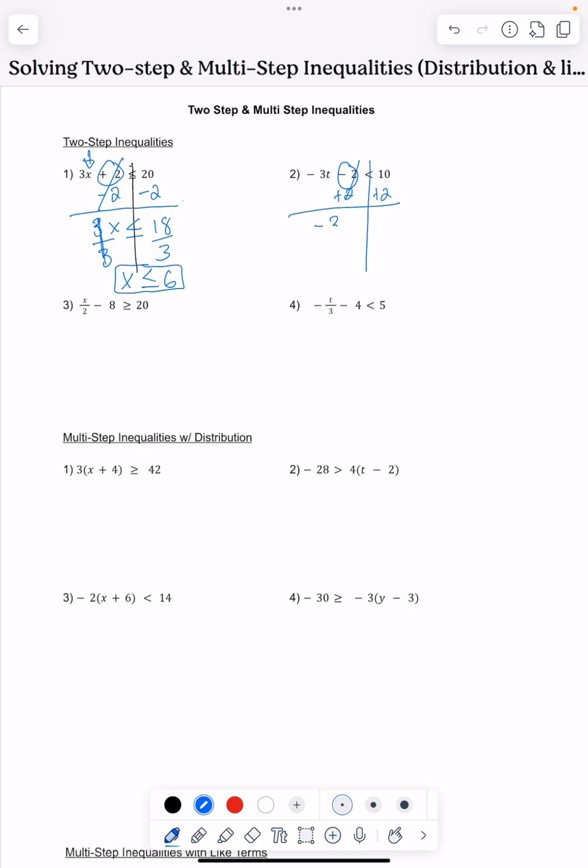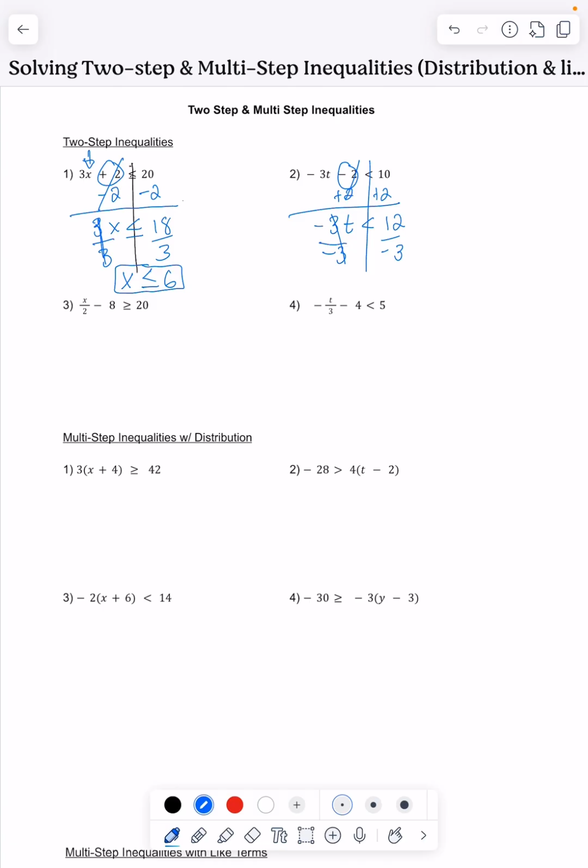We get negative 3t is less than 10 plus 2, which is 12. Here we divide by a negative 3 on both sides. So this is where it's going to be slightly different than linear equations. Here we're dividing by a negative 3.